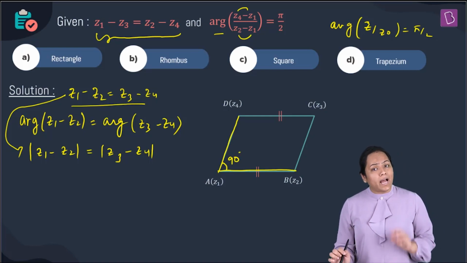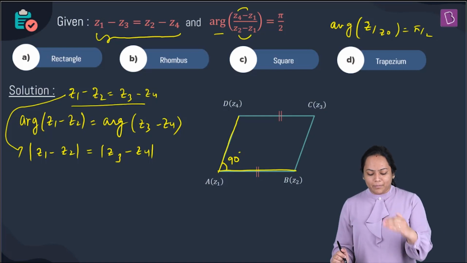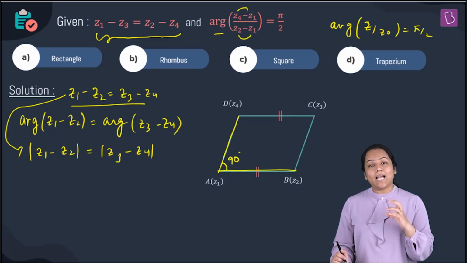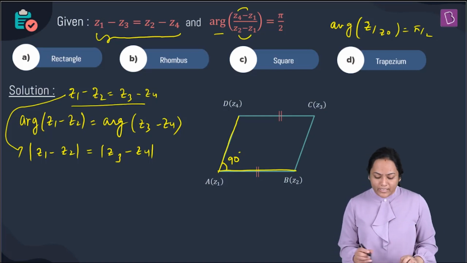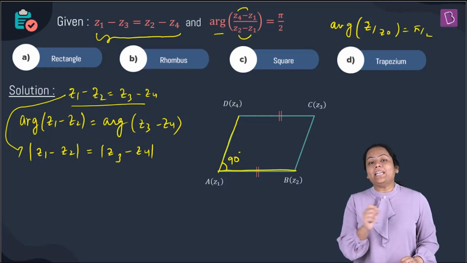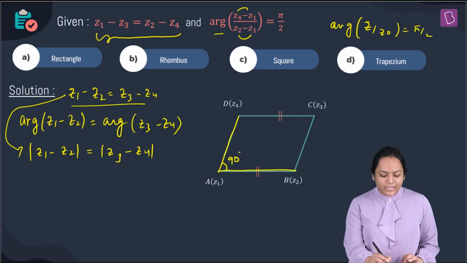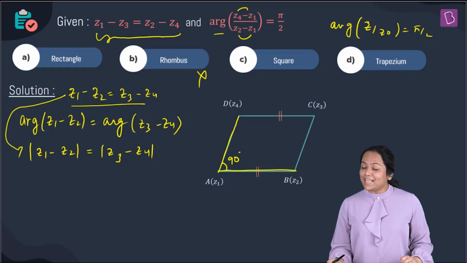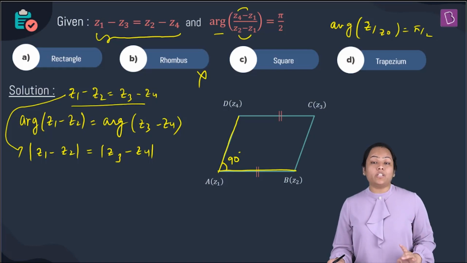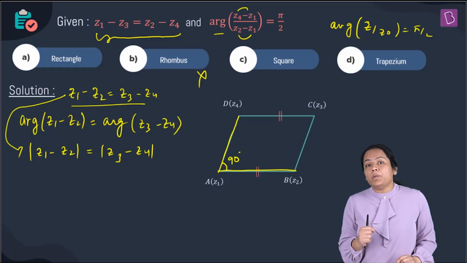And since AB and CD are parallel and equal and the angle between AB and AD is 90 degrees, guys, can you tell me what it can be? Well, definitely it cannot be the rhombus, isn't it? So if this is not the rhombus, it has to be what?